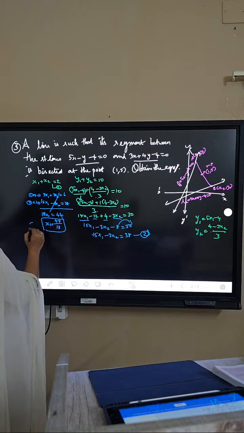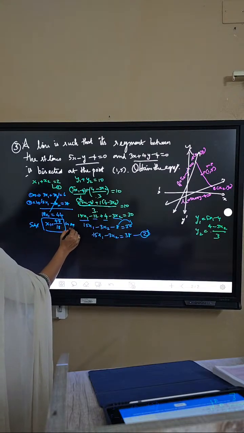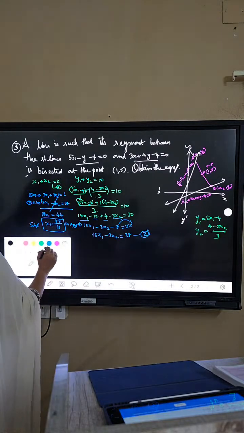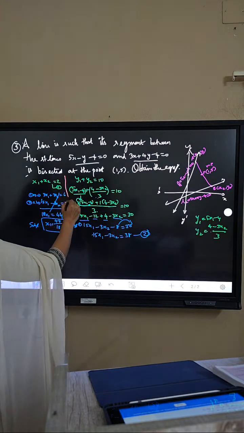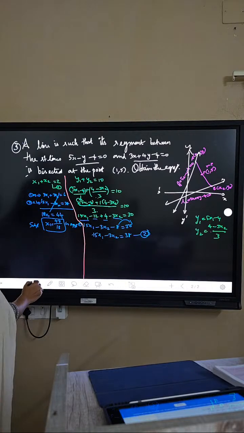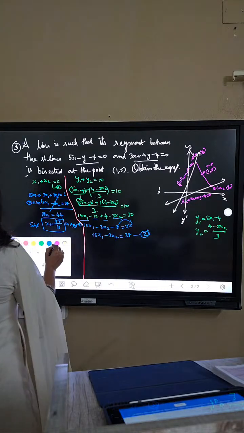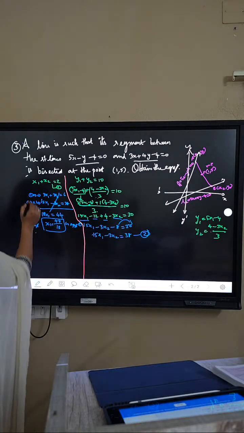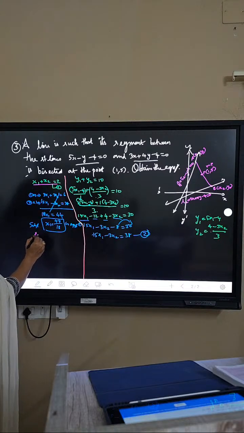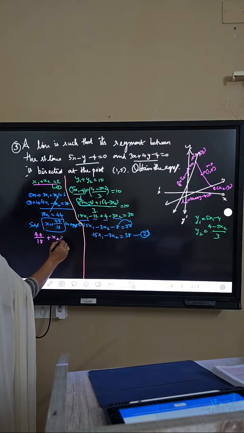Do substitute this in equation 1. What is equation 1 here? In the place of x1, you can substitute 44 over 18 plus x2 equal to 2.